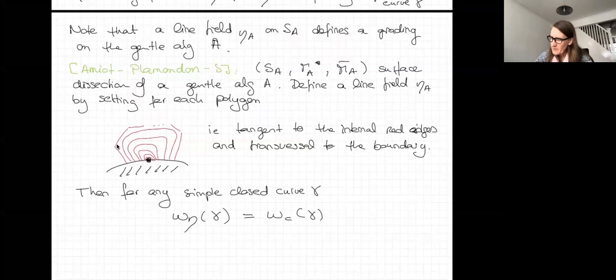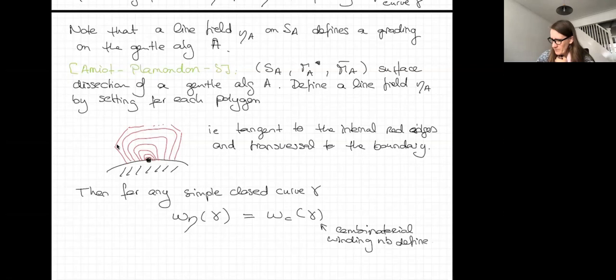So this is the combinatorial winding number defined in talk 2 in terms of left and right of the black marked points when we cross the red polygons.